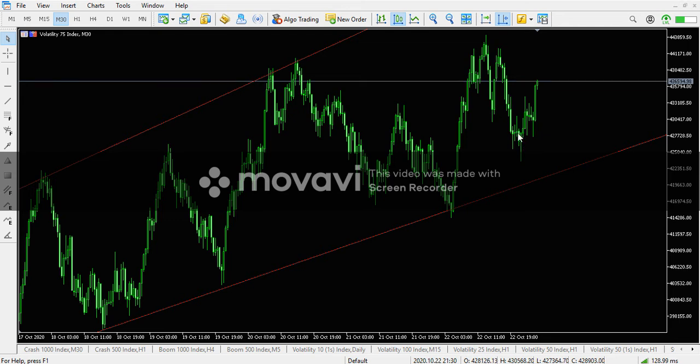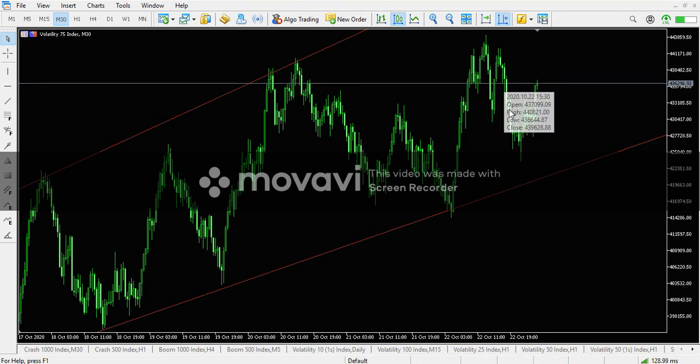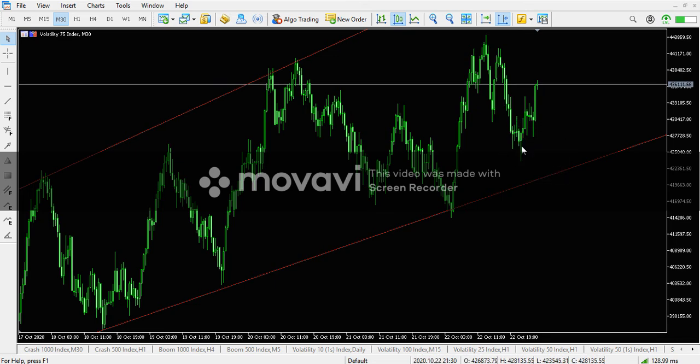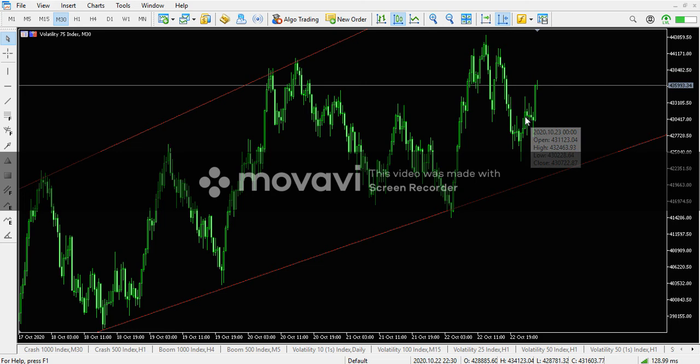If I had seen this rejection, then this bearish move is becoming weak, so you'll be looking for a buy entry. So you see this pin bar confirmed our entry.